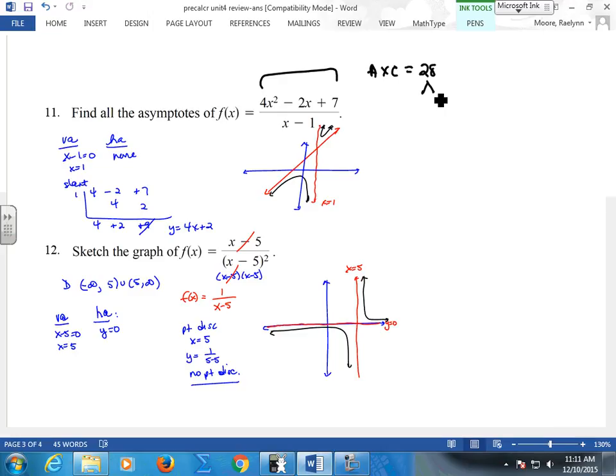Definitely not 4 times 7. Any other? 2 and 14 doesn't have, so we can't factor that, right?